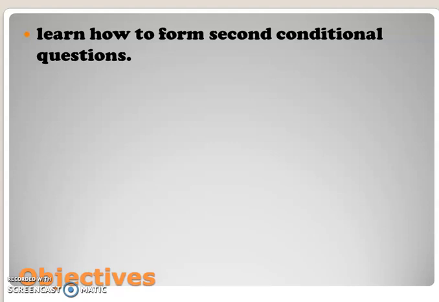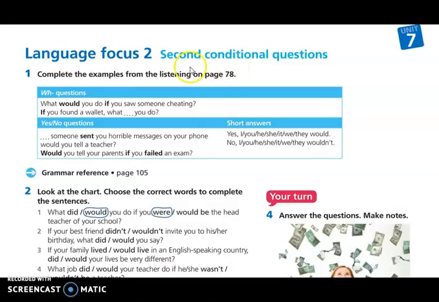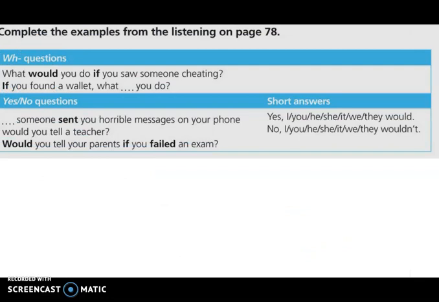So please open your student book page 79. As you can see, our title is second conditional questions. We have to complete the examples here from the listening on page 78. Let's start. What would you do if you saw someone cheating?